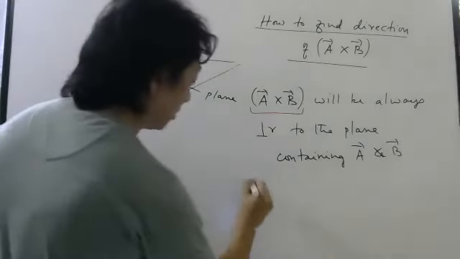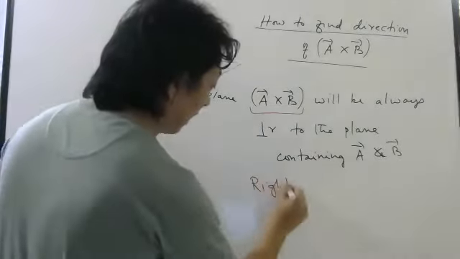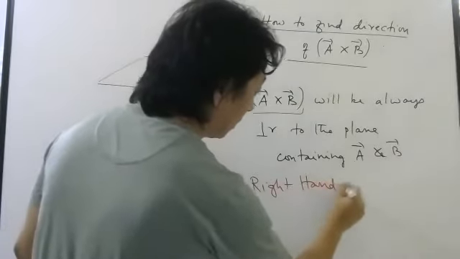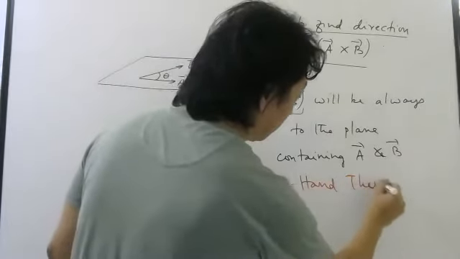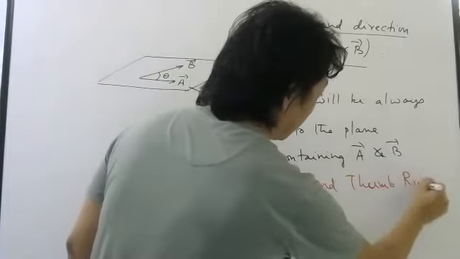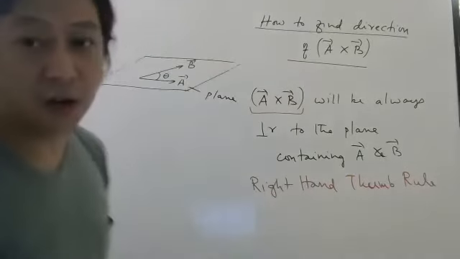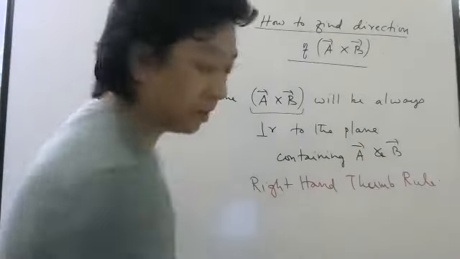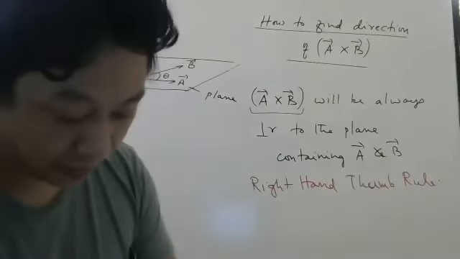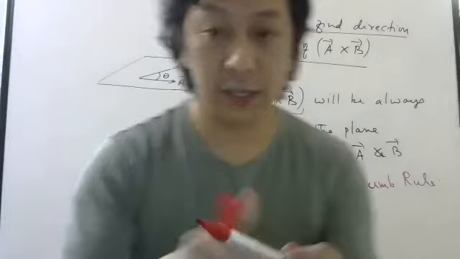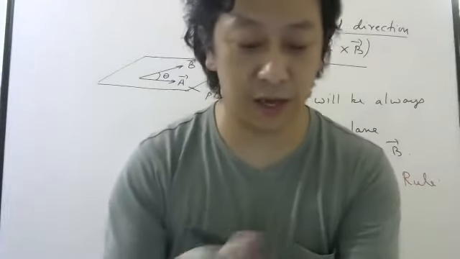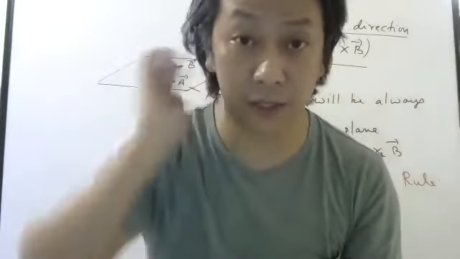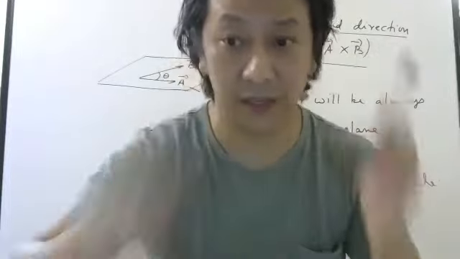For that we use the right hand thumb rule. Some people also call it the screw rule. First, let me explain this one. Listen carefully if you want this concept to stay in your mind.